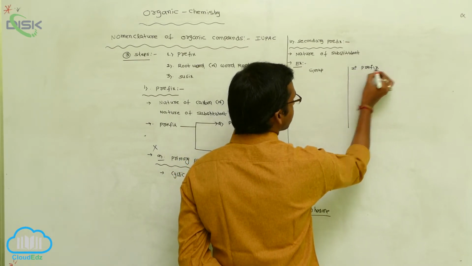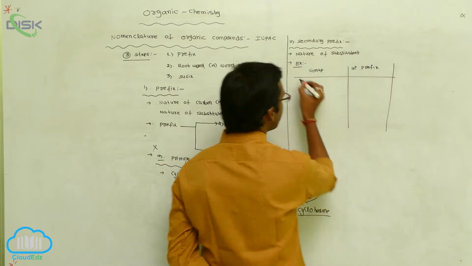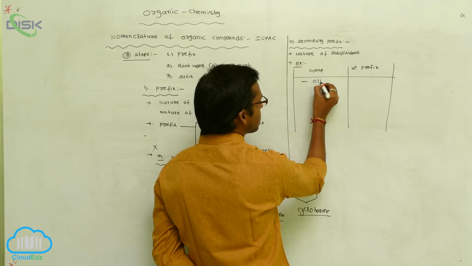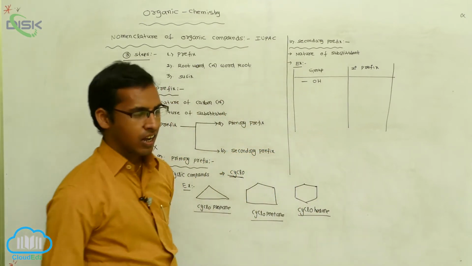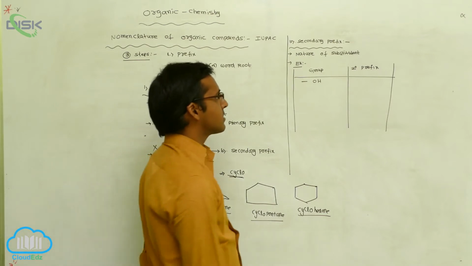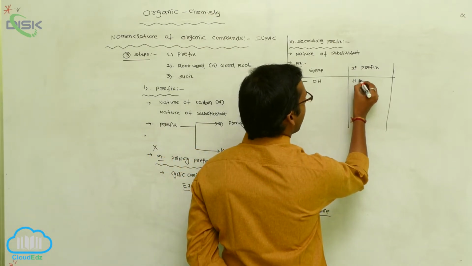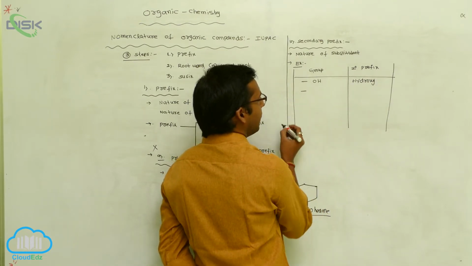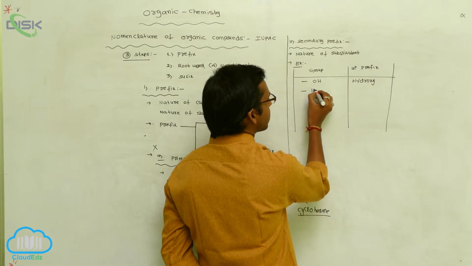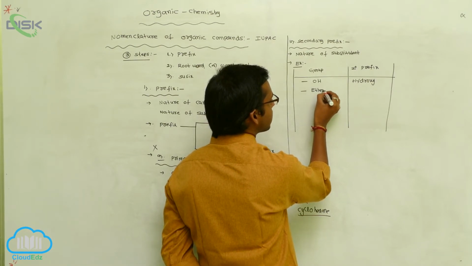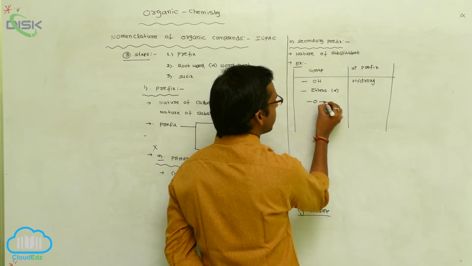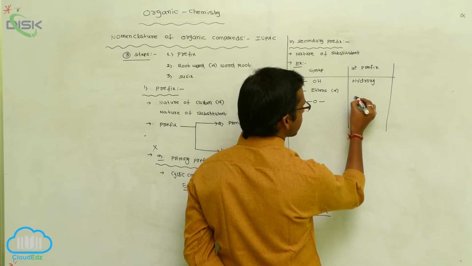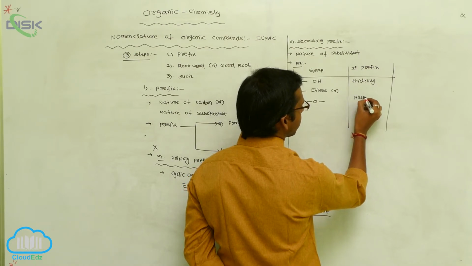These secondary prefixes are very important. For a functional group, for example, here an OH group is present, and that OH group is nothing but alcohols. If alcohols are present, the secondary prefix is hydroxy. Or if ethers are present, the secondary prefix is alkoxy.